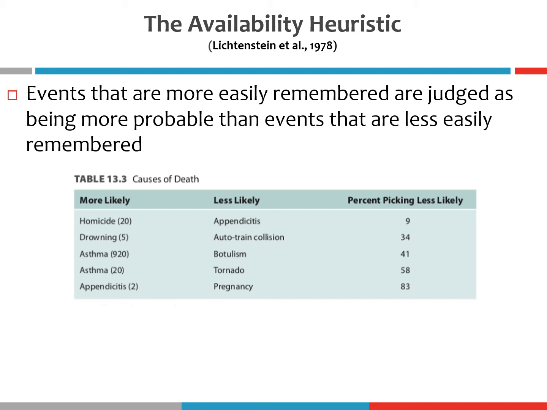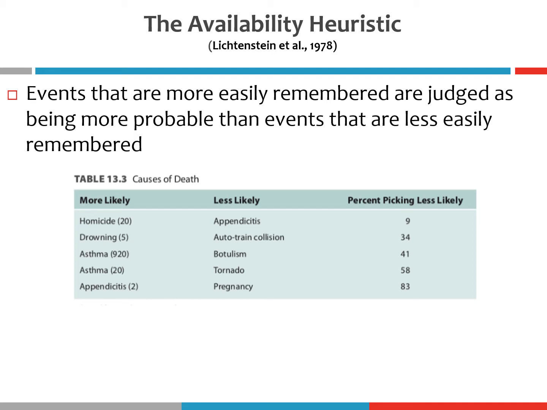And because their most recent or most elaborate memories are informing their assessments of probability, they're going to assume that people are more likely to die from memorable causes.